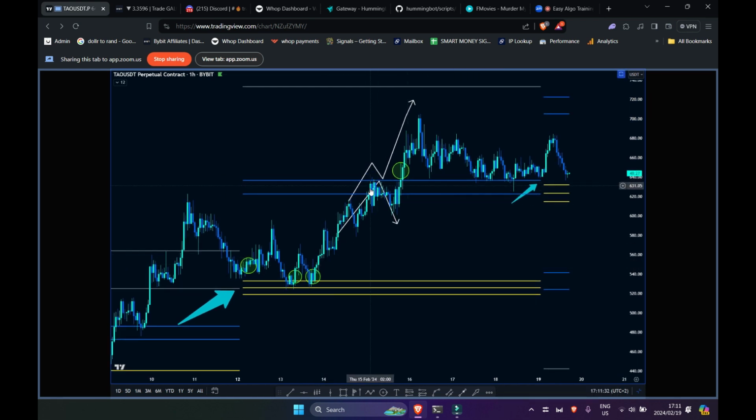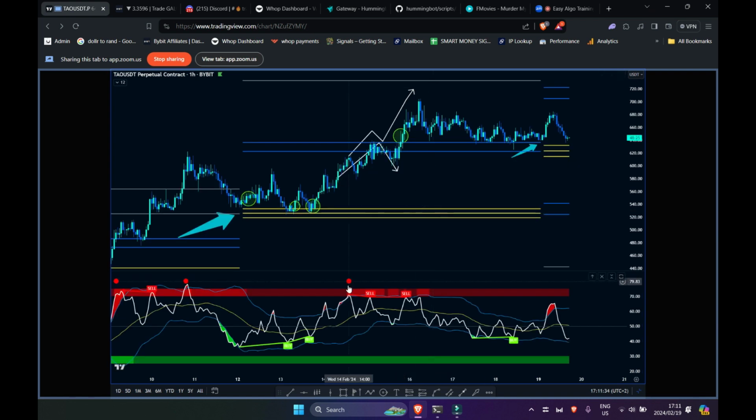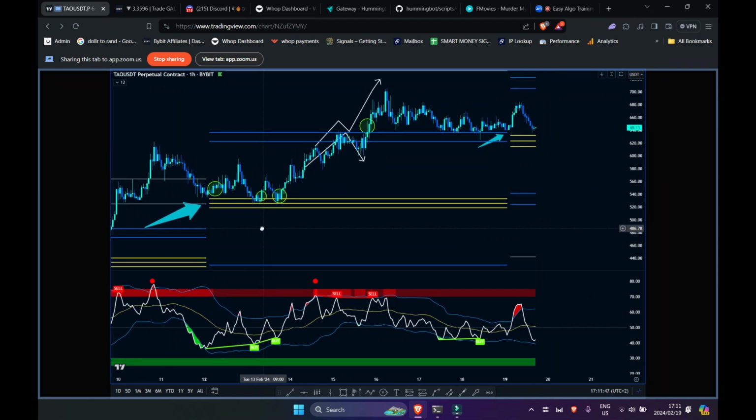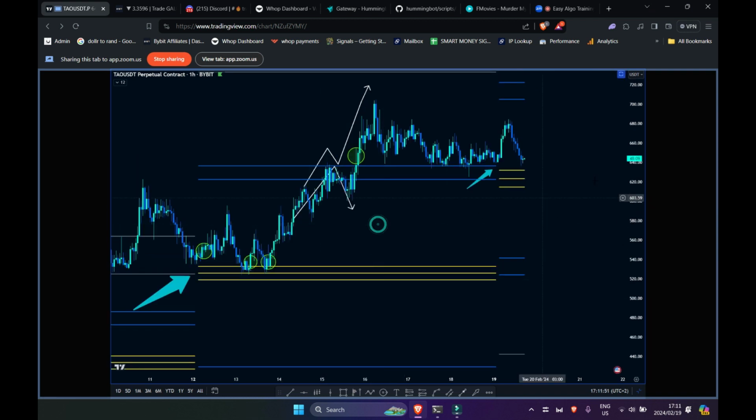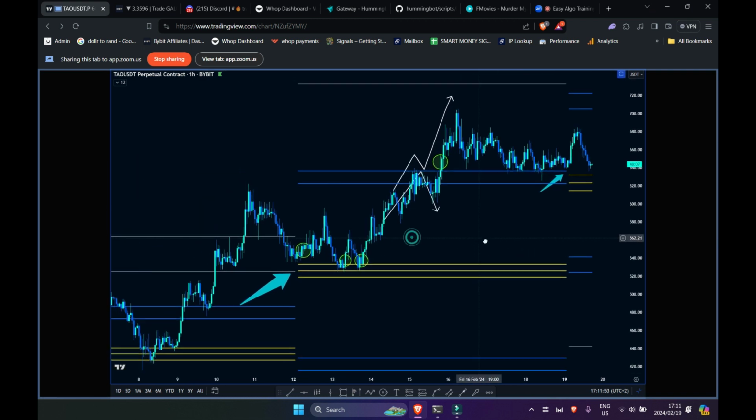So when price gets to these areas, we can use the TDI-X to look for divergences, but you've got to be careful as well because you have to use the TDI-X in confluence with the context. In this situation, we had a very strong uptrend. So going for a short can be more risky, especially if the market is very bullish.